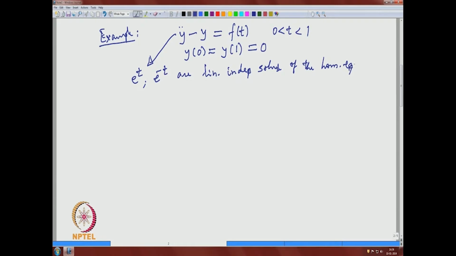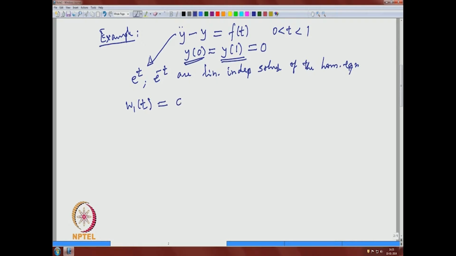And we have to construct two linearly independent solutions satisfying boundary conditions at different points. If you look at the boundary condition here, w1(t), which is a linear combination of e to the t and e to the minus t, we want that to vanish at 0.